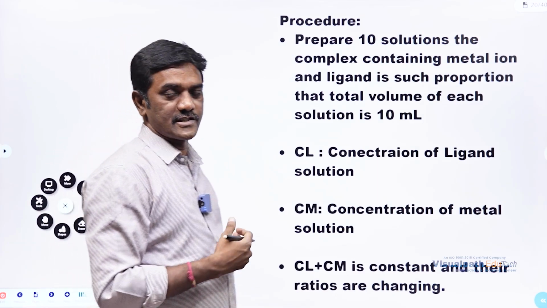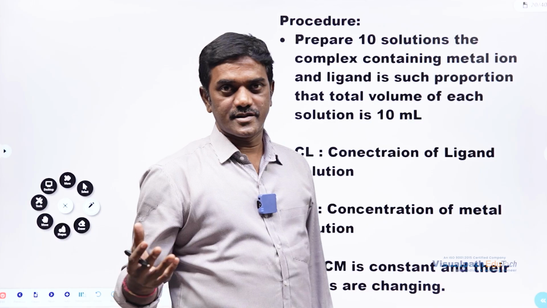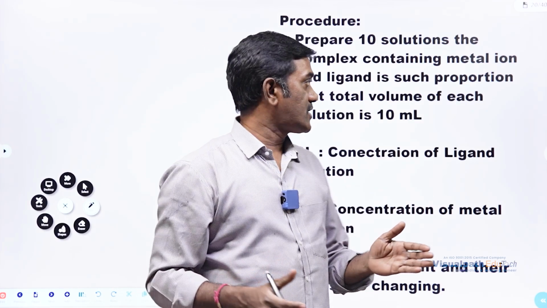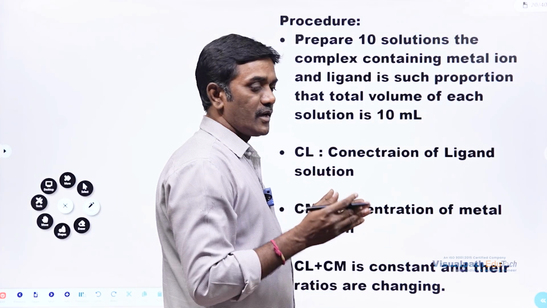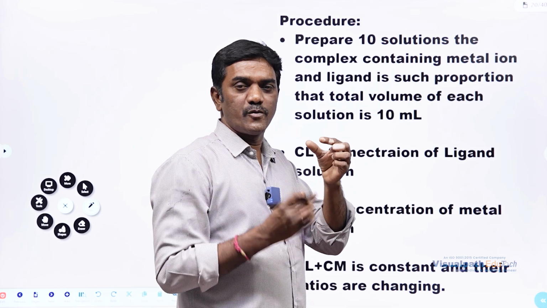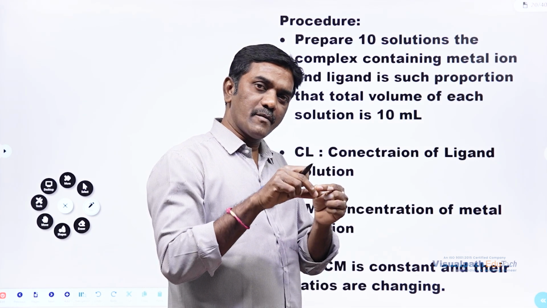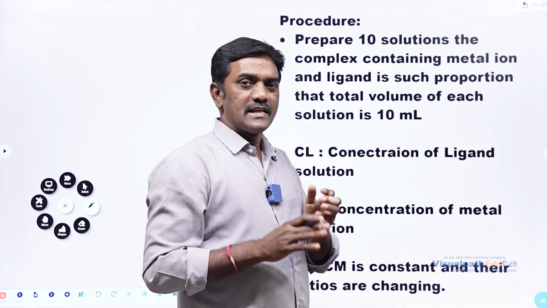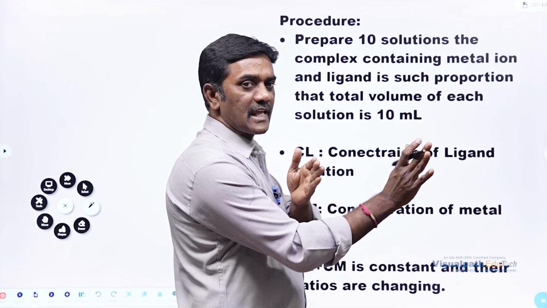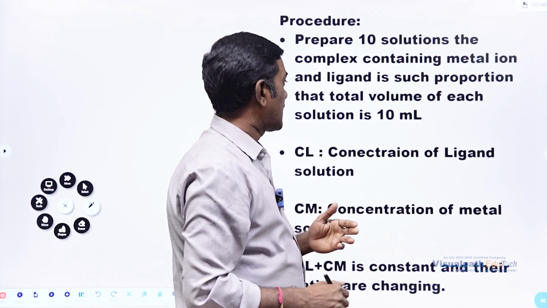Now the procedure. Take a series of 10 solutions in which, as we discussed just now, in one test tube take 10 ml of metal. In the second test tube, 9 ml of metal and 1 ml of ligand. Just like that, keep increasing the ligand and keep decreasing the metal.